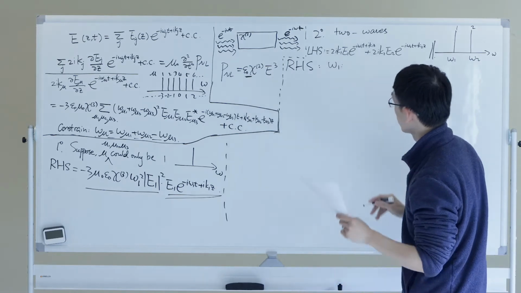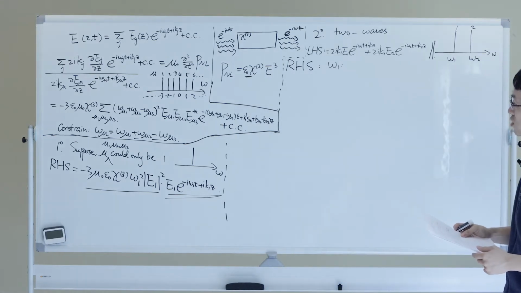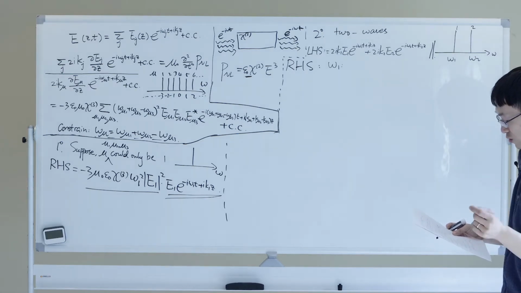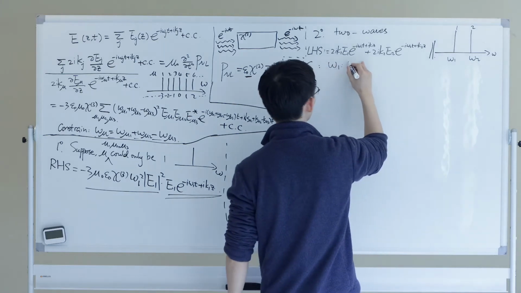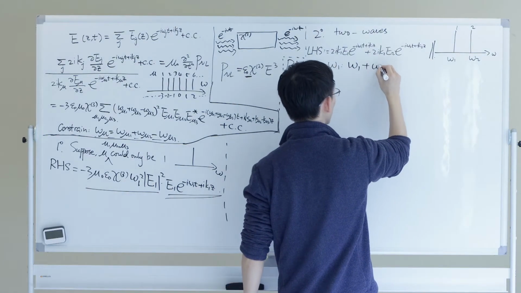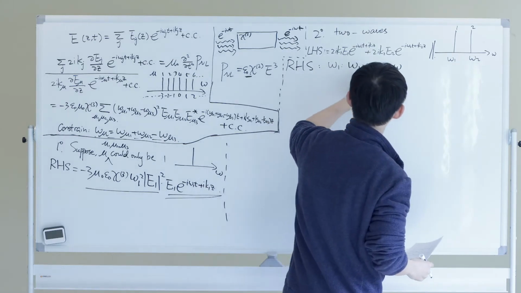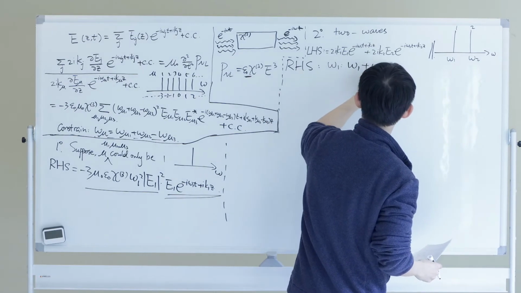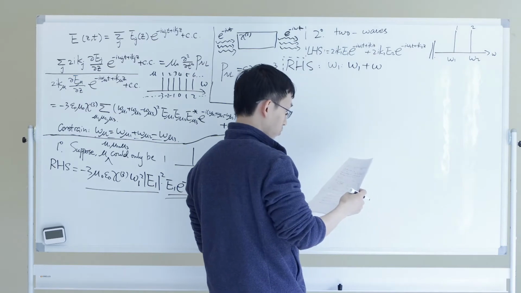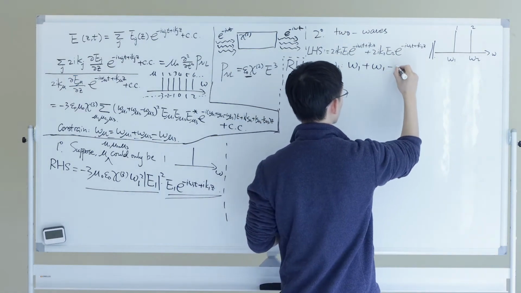now let's think about it. What terms can give us omega 1? The straightforward way is that omega 1 must be omega 1 plus omega 1 minus omega 2. Sorry, plus omega 2. Well, there are two ways. One is omega 1 plus omega 1 minus omega 1.